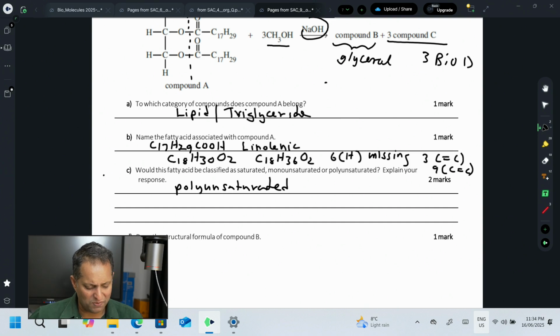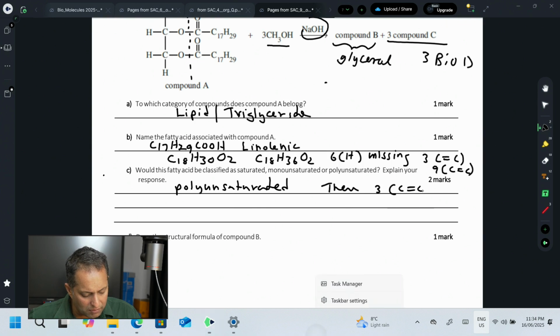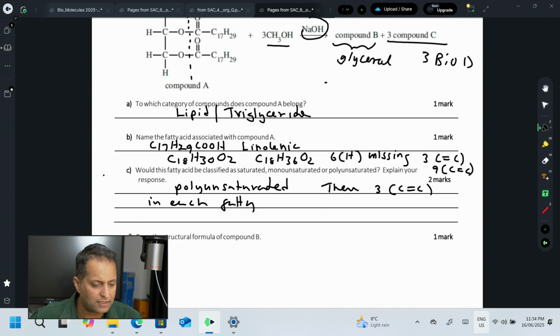They're asking us to explain, so what do you have to say? This is polyunsaturated, and we prove it: there are three carbon-to-carbon double bonds in each carbon chain.